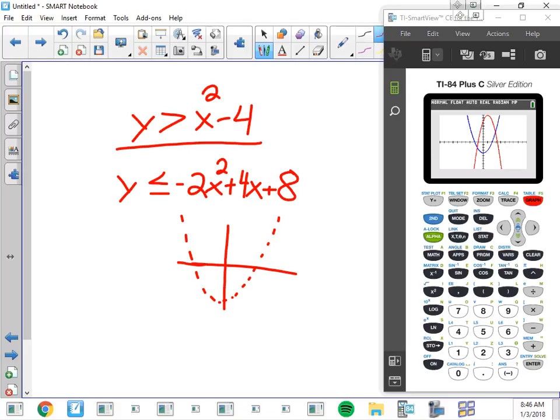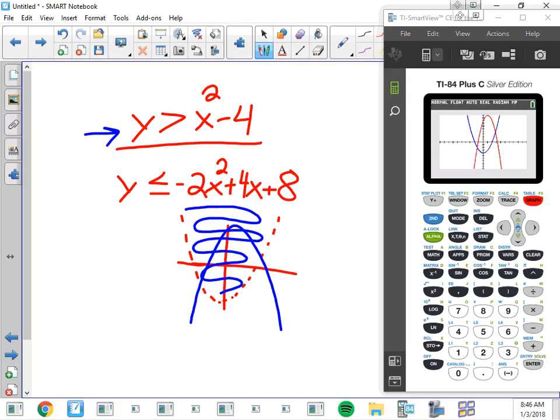And then for the next one, I need a solid line. And then I have to see where to shade. Where do I shade this one? It's going to be above the dotted line, which is the inside of the parabola. So it's sort of this stuff right here.